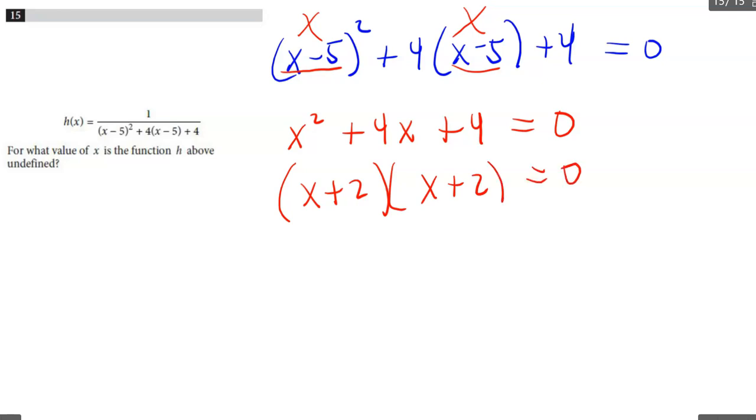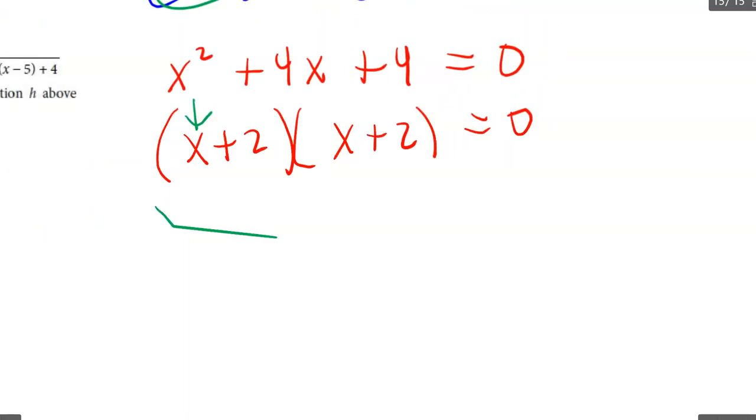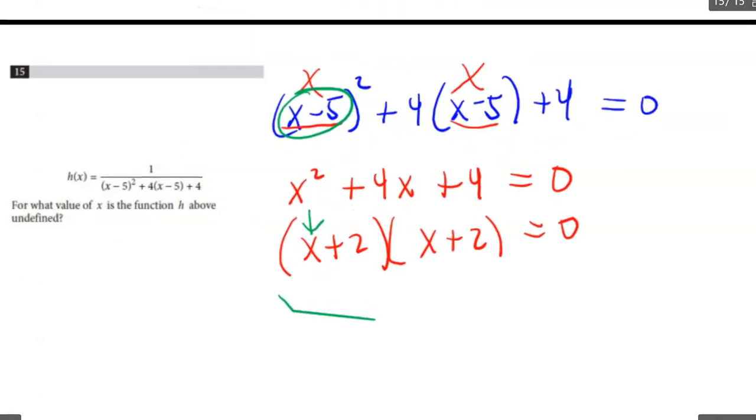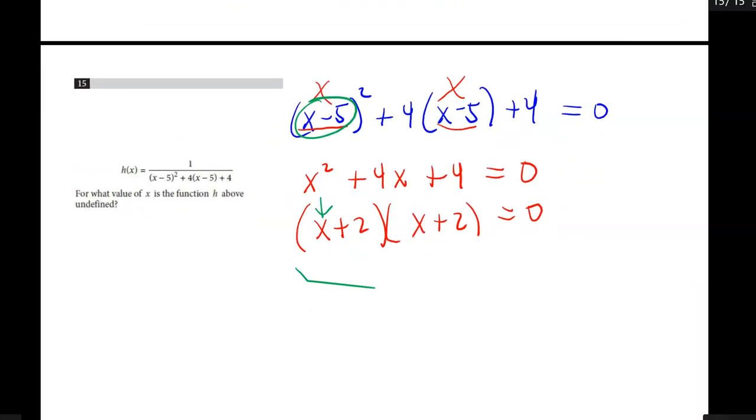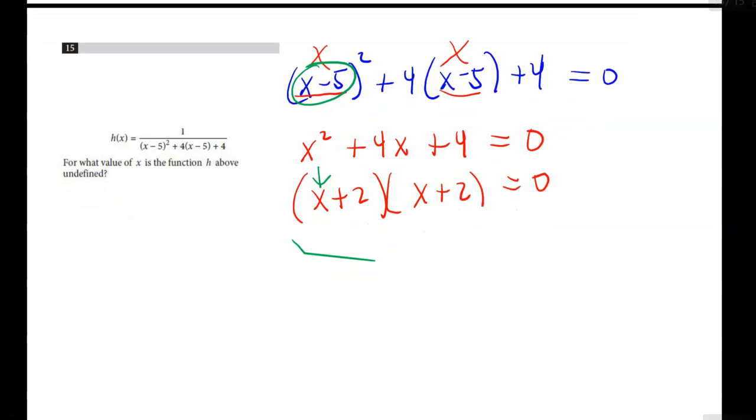Well, now, instead of using x, I'm going to go back and stick the x minus 5 in. So I'm going to put that x minus 5 in there.